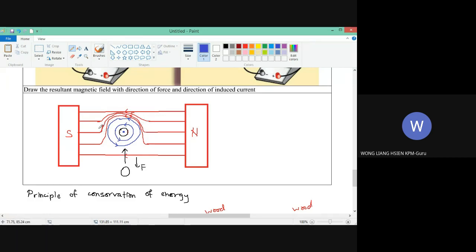If it looks like this, that means the direction of the magnetic field of the current must be anti-clockwise. And if it is anti-clockwise, then the direction of current must be outward, coming out from the plane of paper. So this is how we deduce the direction of the induced current.